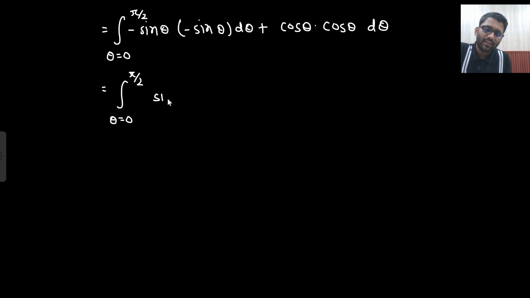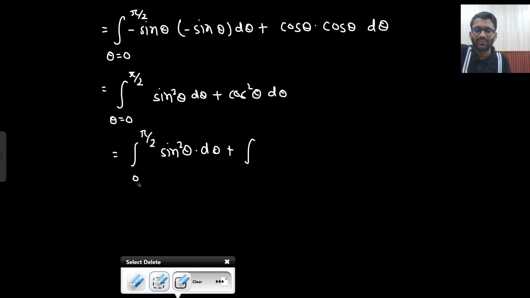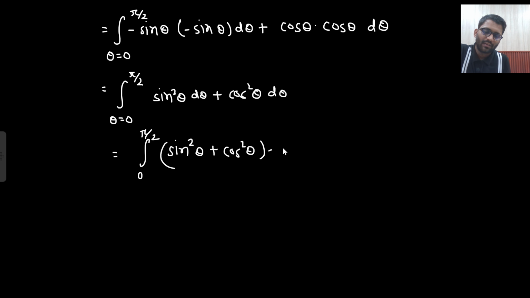This is your sin square theta d theta plus cos square theta d theta. So from here I can take d theta common. There are two ways to solve, but simply you do integral from 0 to pi by 2 of sin square theta plus cos square theta into d theta.